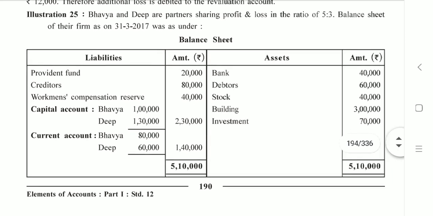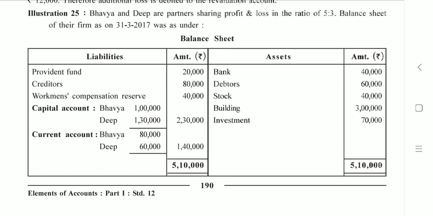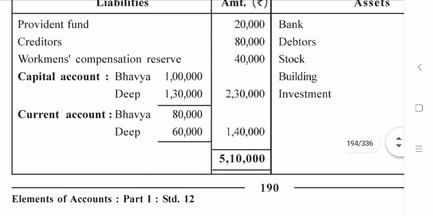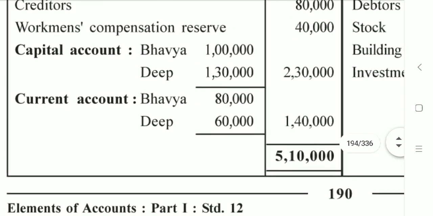Before that, let me just explain to you that in this chapter you will be having two types of sums. Of course, they are going to be long sums, but the only difference between these two sums will be that a few of the sums will be including only capital accounts, and there are other sums which include the balances of capital accounts as well as current accounts, you can see here.